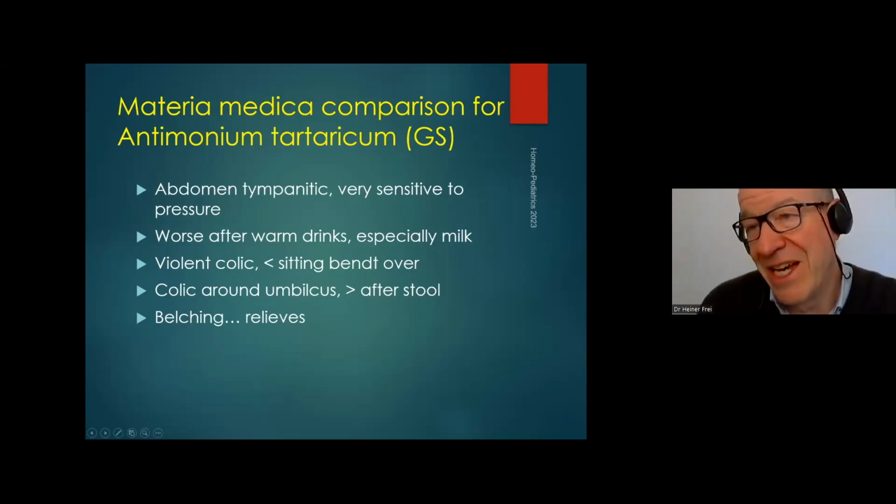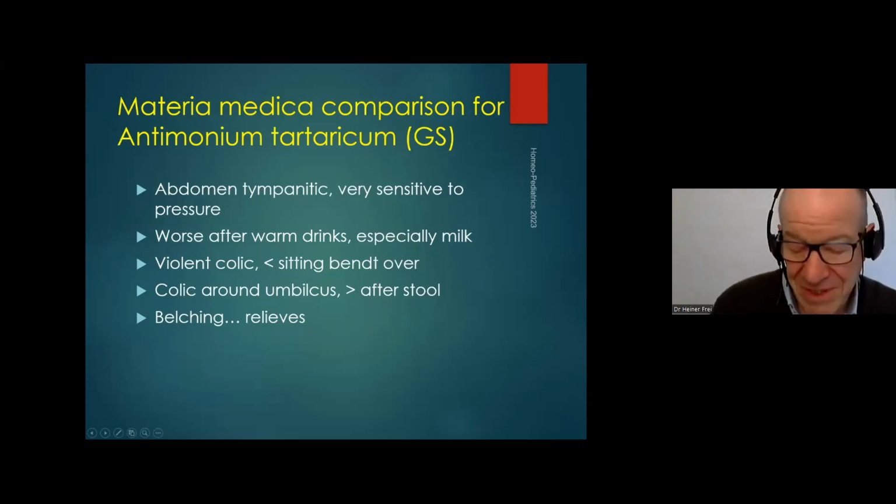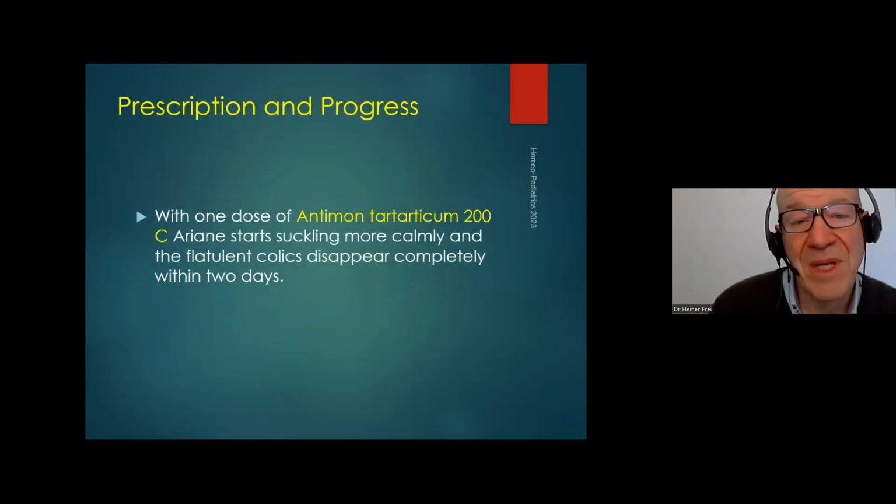So we actually have all the key elements of the symptoms, modalities. So I give her antimonium tartaricum C200, one dose, and she starts immediately suckling more calmly, and the flatulent colics disappear completely within 2 days.